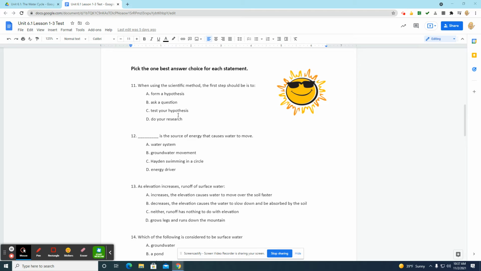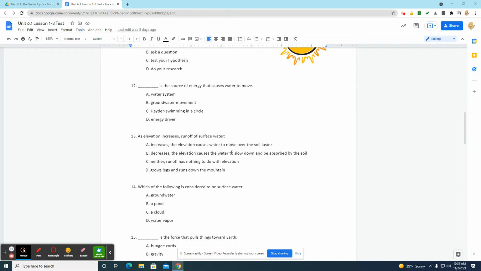What is the first step of the scientific method? 12. Blank is a source of energy that causes water to move. Is it water system, groundwater movement, Hayden swimming in a circle, or energy driver? What is a source of energy that causes water to move?